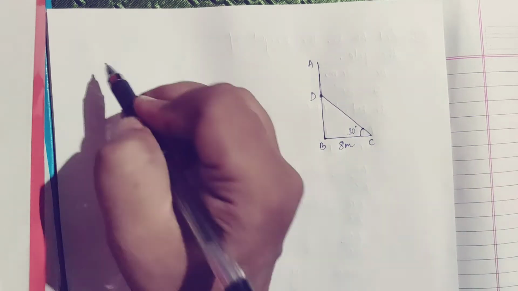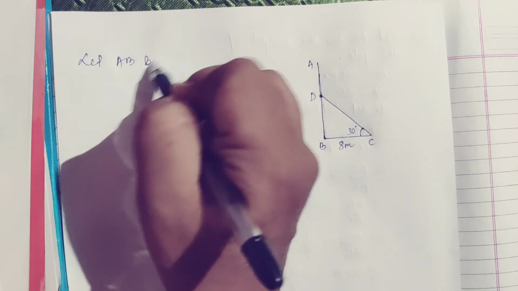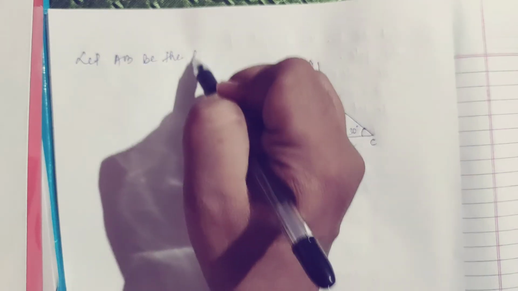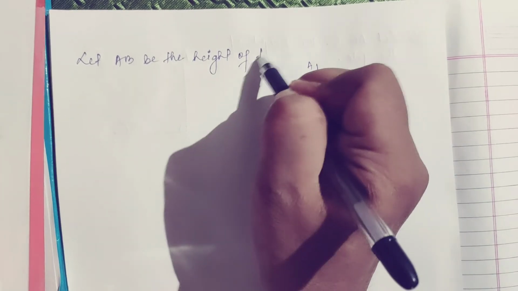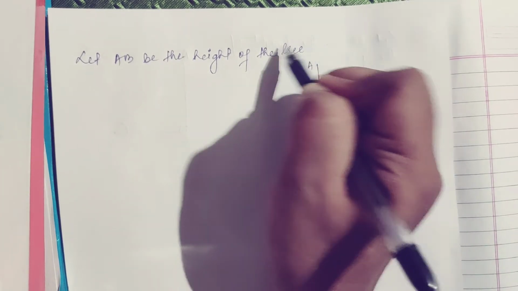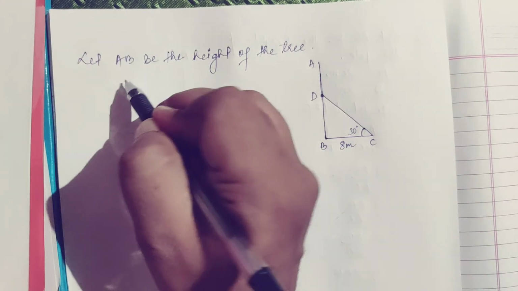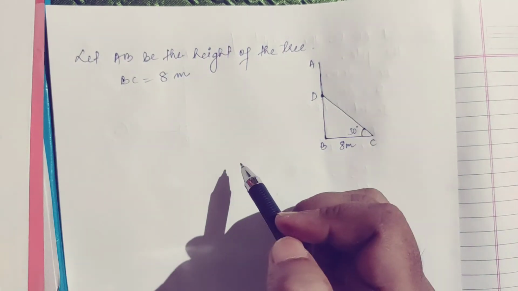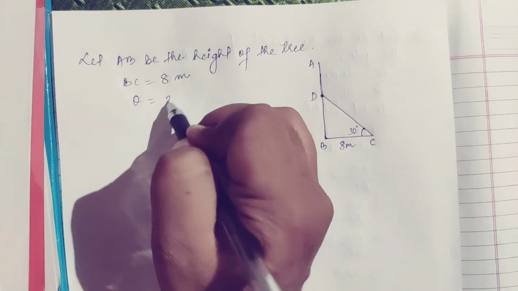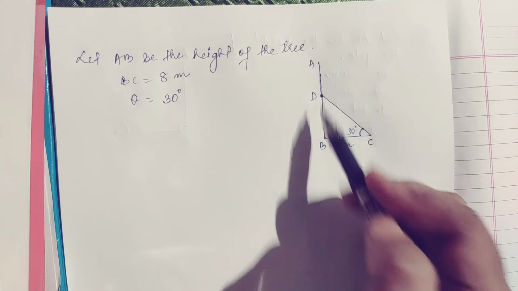So you can write, let AB be the height of the tree, and BC is given 8 meter, and here the angle is 30 degree. So we'll write theta is equal to 30 degree. So we have to find AB.